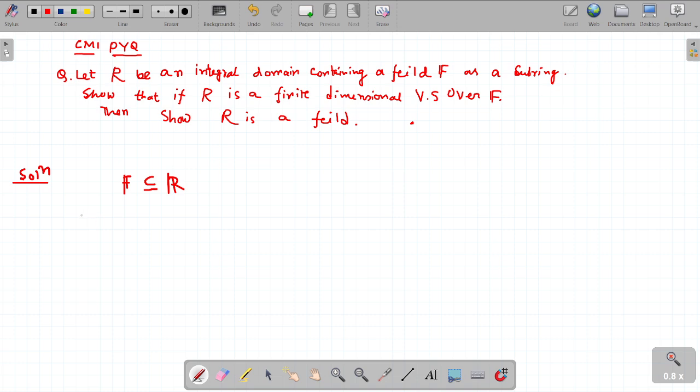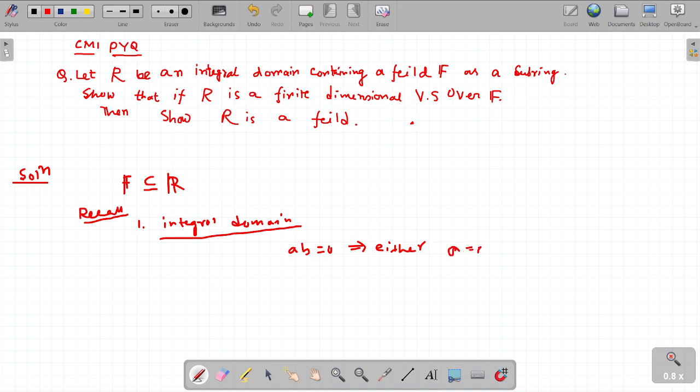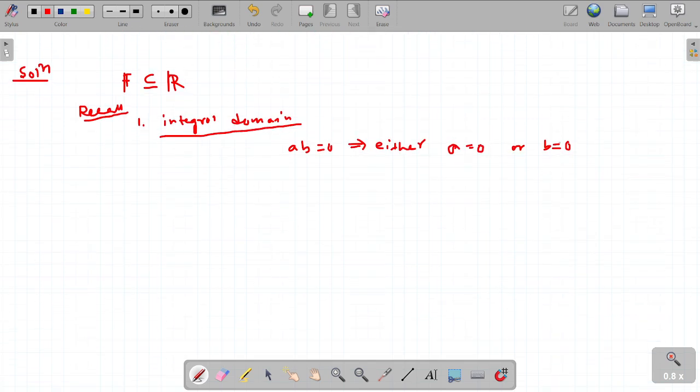So before I start the question, let me recall. First thing which you have to know is what an integral domain is. I hope you know what an integral domain is. Integral domain means if AB equal to 0 implies either A equal to 0 or B equal to 0. And the second thing you have to know is the important condition for a field.